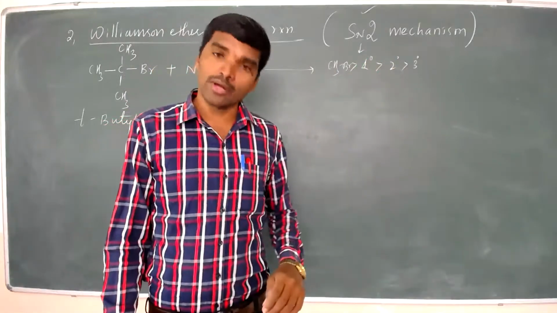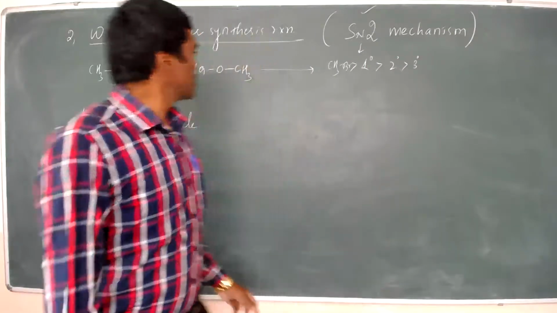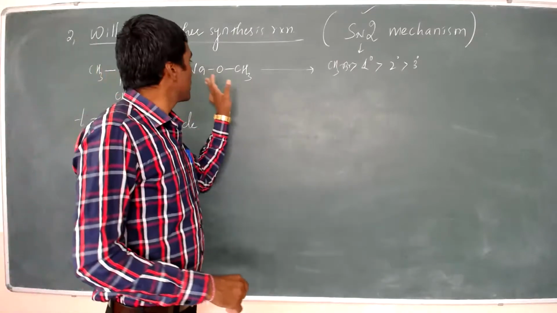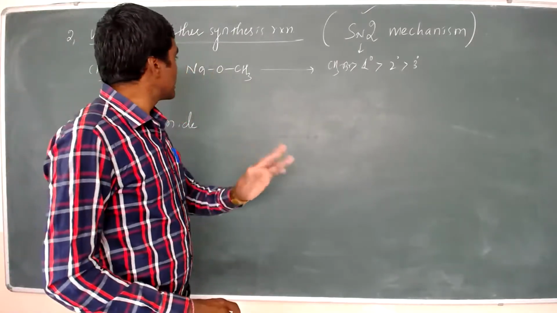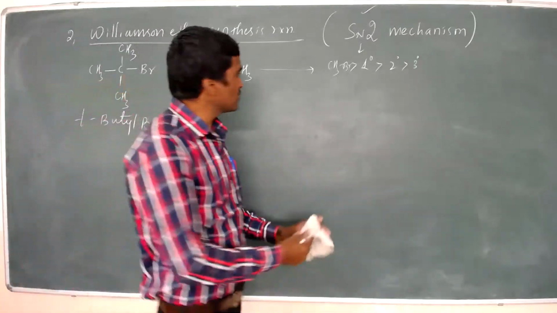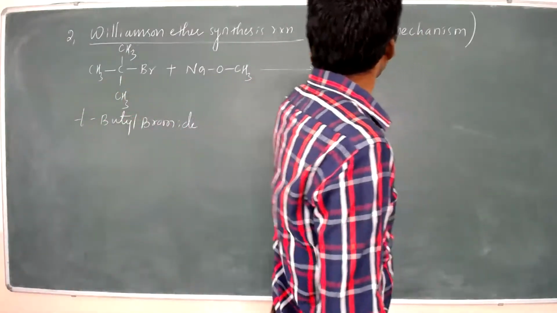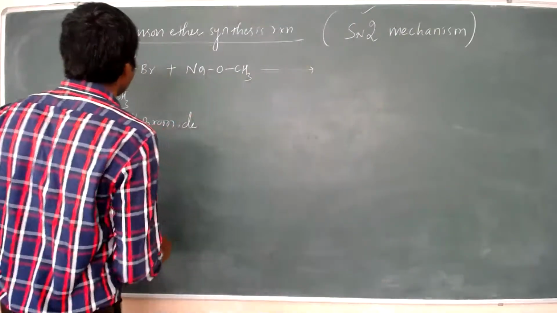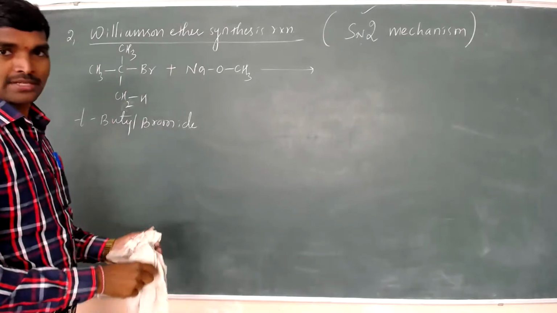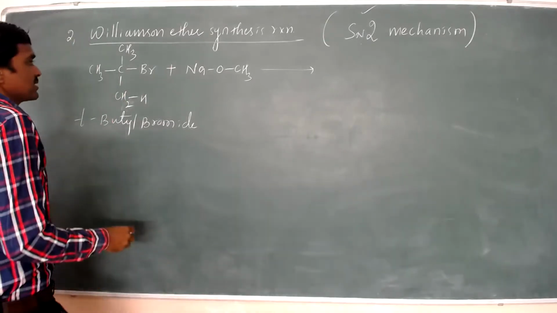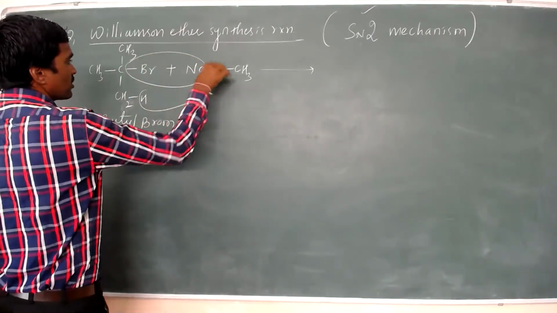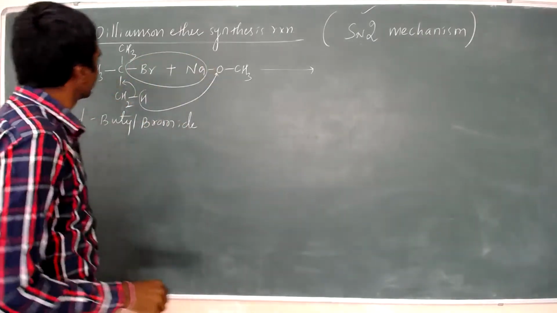So remember this point. That's why here tertiary butyl bromide reacting with sodium methoxide does not undergo Williamson ether synthesis reaction. Then what reaction takes place? Elimination reaction takes place. We remove NaBr; a proton is attracted by the oxygen, and it bonds here.